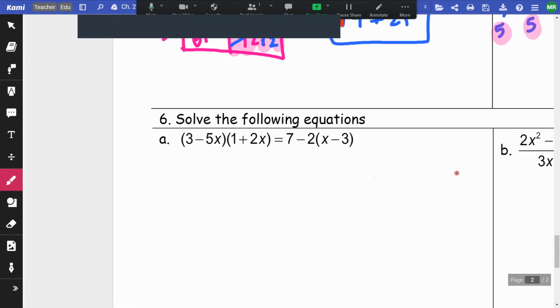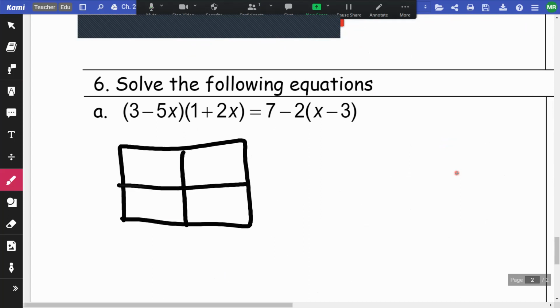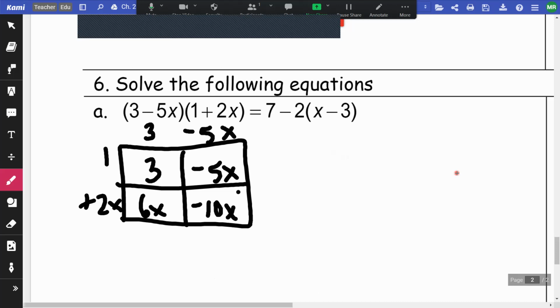On number 6, solving, I would multiply this out, which is a 3 and a -5x, and a 1 plus 2x. When I do, I'm going to get 3, -5x, 6x, and -10x squared.